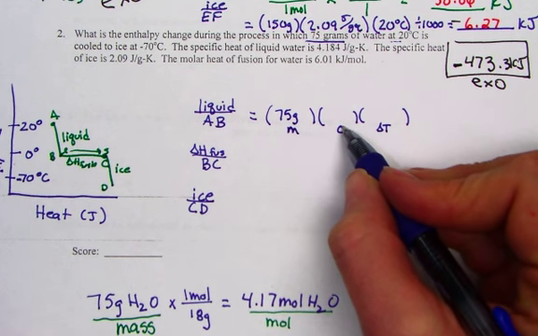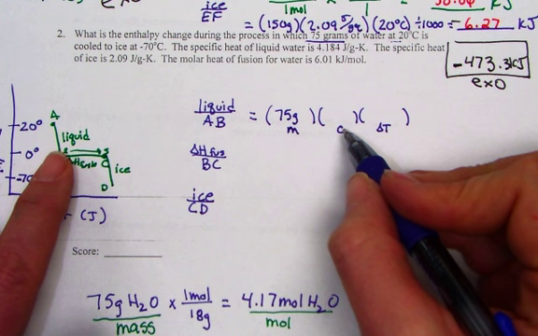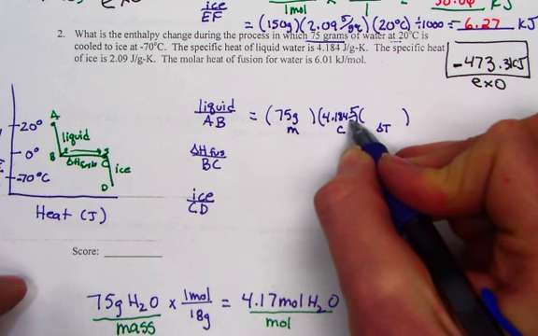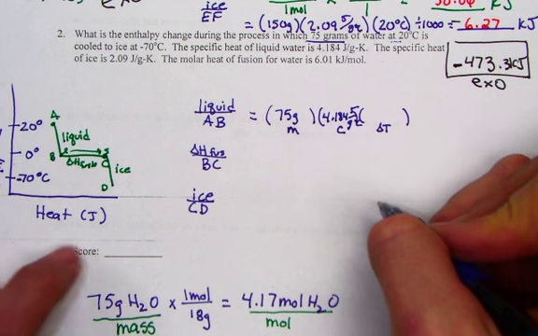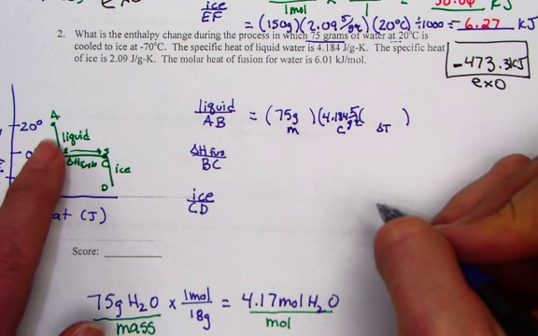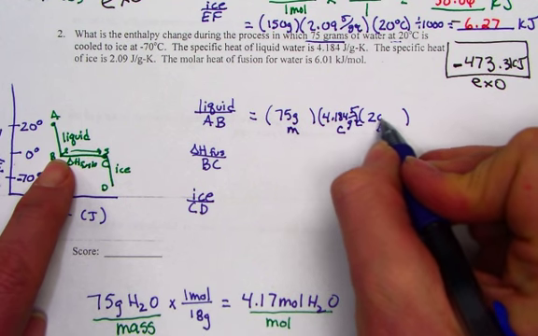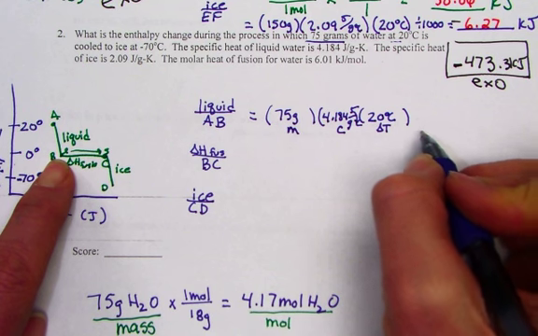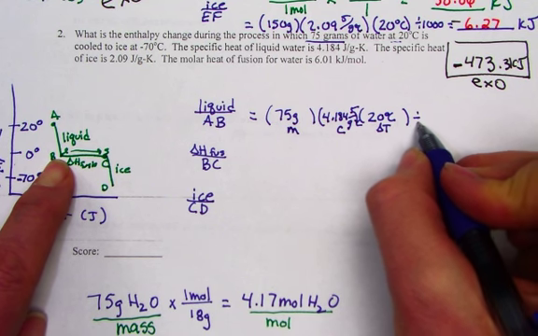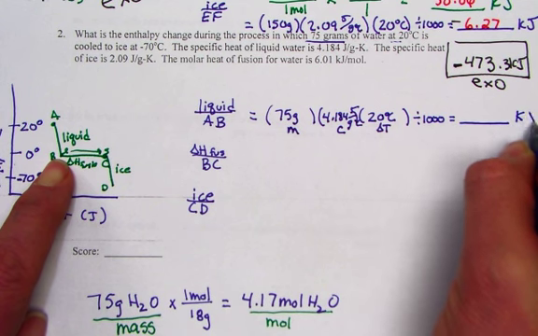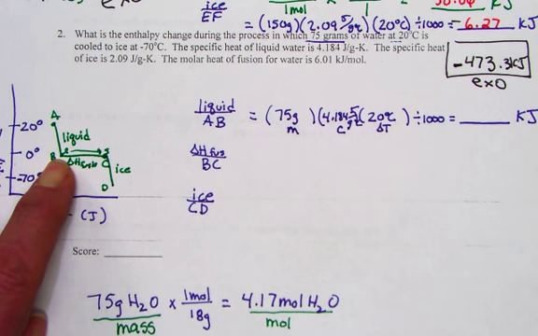The specific heat constant in the liquid phase for water, 4.184 joules per gram degree Celsius. And the change in temperature as we move from point A to point B, starting at 20 and going down to 0, it changed by 20 degrees Celsius. Let's also divide by 1,000 so we can report our answer in kilojoules of heat, knowing that we'll have to add like units at the end.